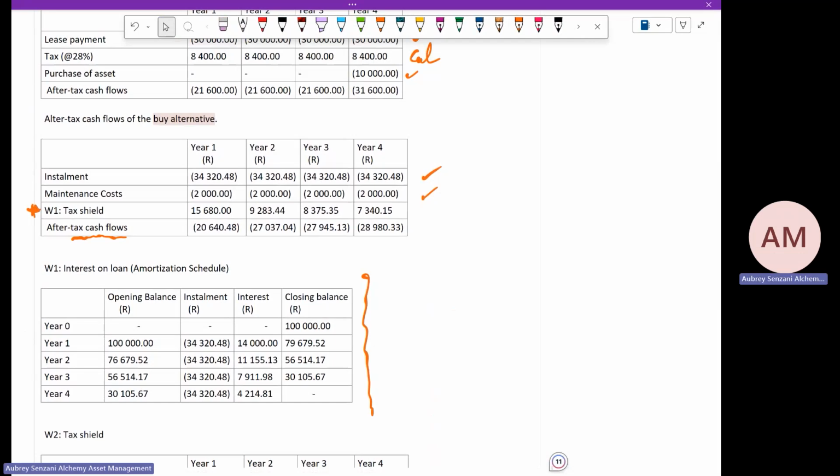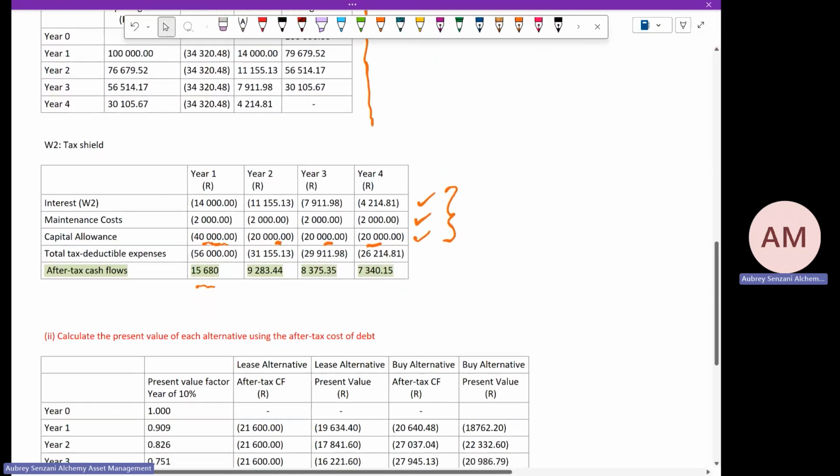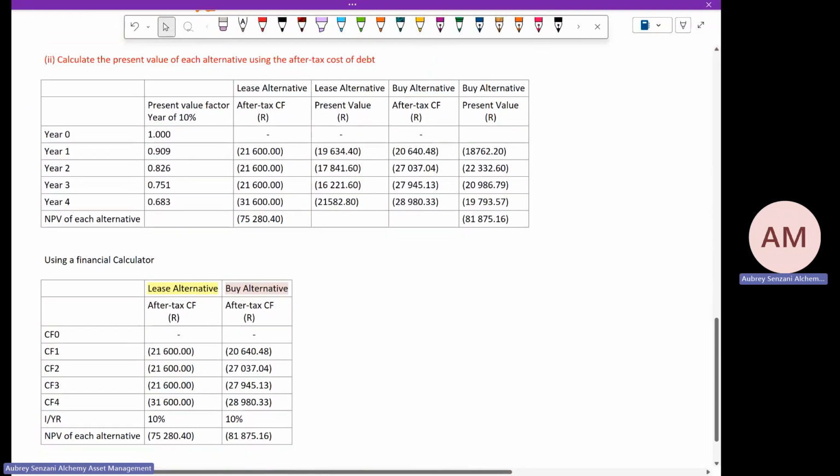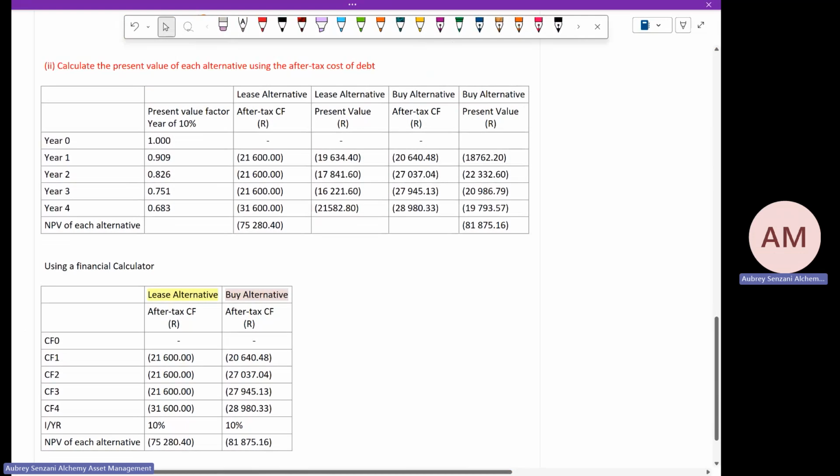So the purpose of the first question was to arrive at this point, to get your after-tax cash flows for both options. Okay? Once you have that, you have completed the first question. You now move to the second part of the question.